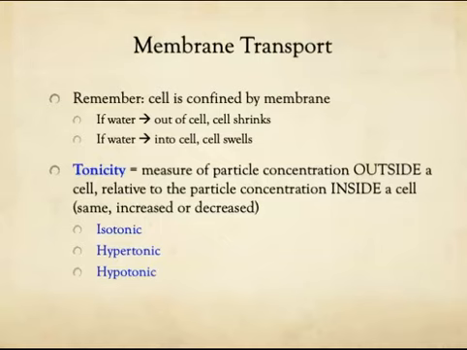So tonicity looks at a difference in particle concentration, again, specifically from the outside to the inside. And we can describe 3 situations of tonicity. What's called isotonic conditions, where the outside particle concentration is the same as the inside particle concentration.